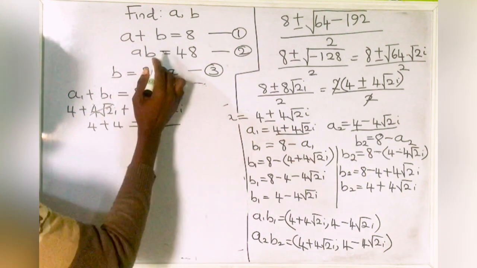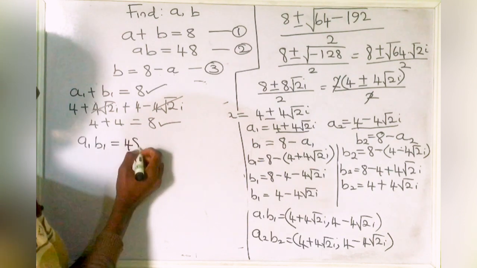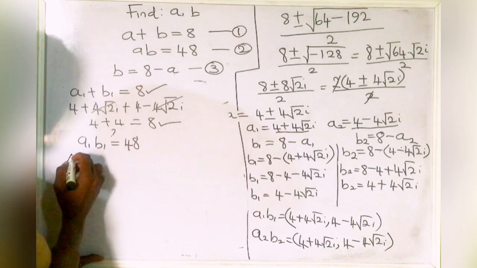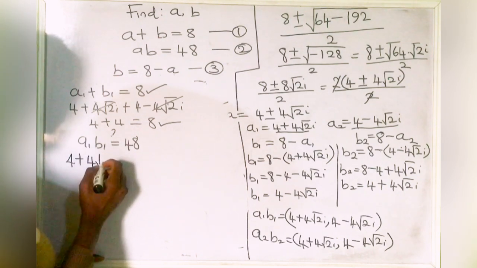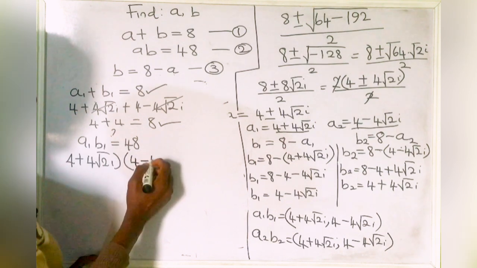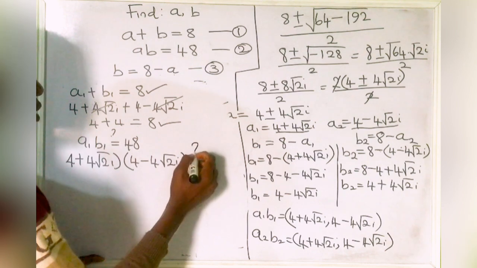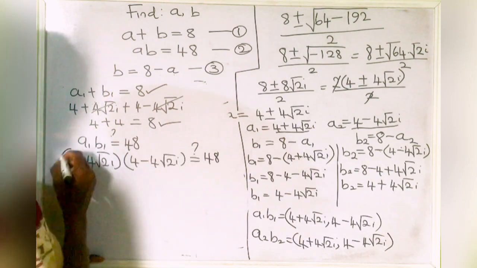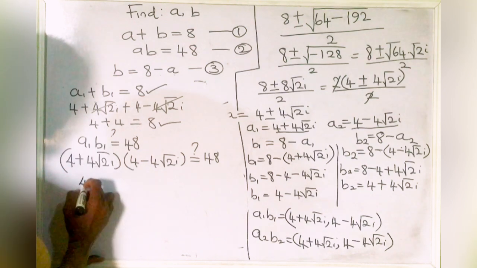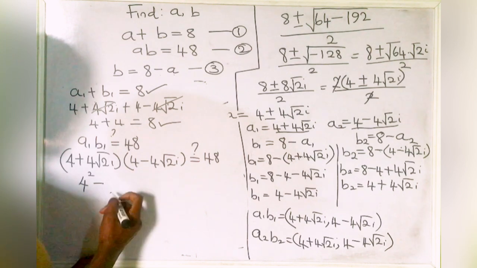Now let's go for the second question. a1 b1 is equal to 48, the equation 2. Let's see if this is correct. Our a1 is 4 plus 4 root 2i, and our b1 is 4 minus 4 root 2i. Now we want to see if it is equal to 48. Now, 4 times 4, that's 4 squared. We're going to be applying the difference of two squares method for this factorization.